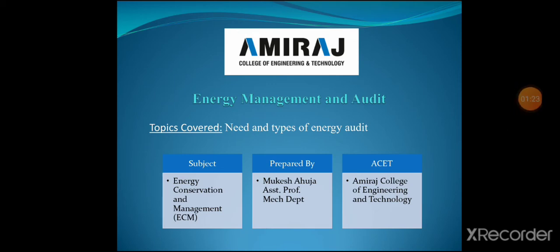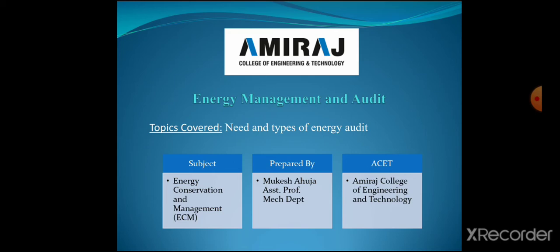So as we know that India is the largest consumer of energy in the form of electricity than anywhere in the world. So the consumption of energy will increase in future as it is increasing. So it becomes very necessary that we use this energy responsibly and manage the energy in such a way that the losses are reduced.